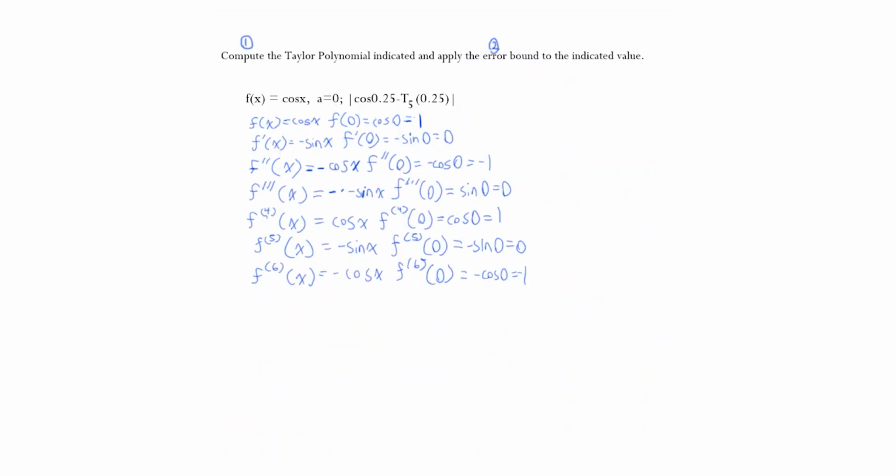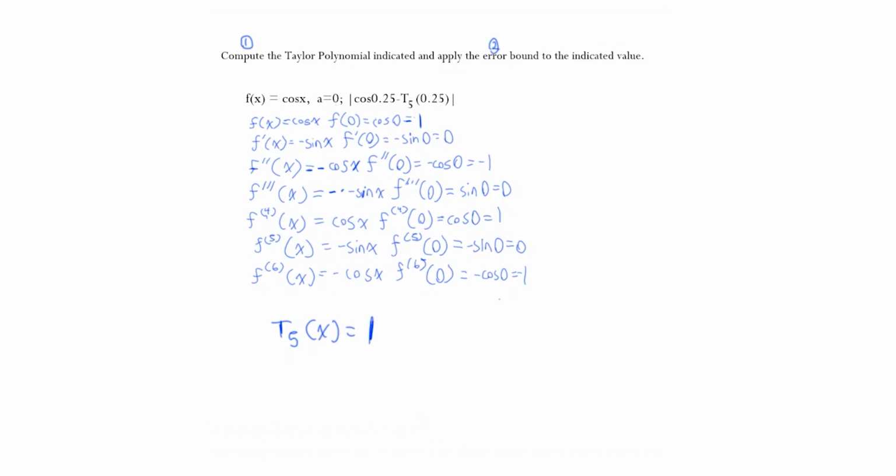Now we have to add in all this stuff afterwards, which is actually a lot simpler than you think it is. So T of 5 of x. We put an x there because we're not going to plug in a specific value for x. Then we start with the first coefficient, which is just 1, and we leave that as it is.